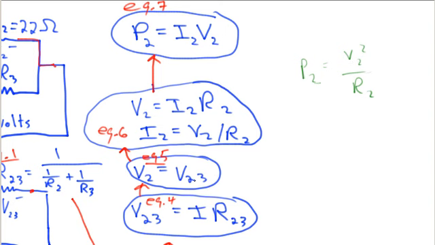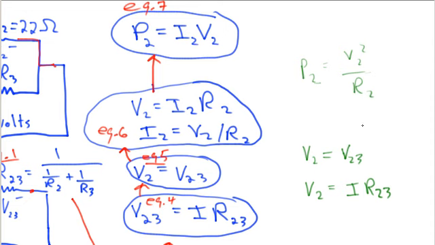Let's see if we can get V2 as a function of R3. It is equal to I times R23.